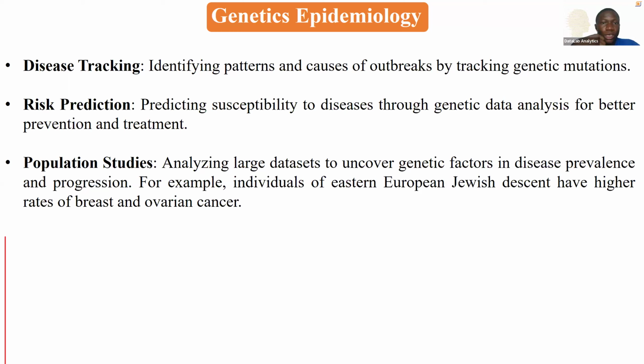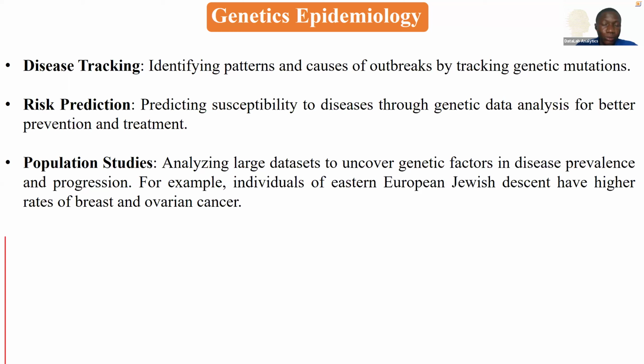You want to predict the chance of susceptibility to disease through genetic data analysis for better prevention and treatment. With the help of genomes, you'll be able to see if this person is predisposed to cancer or some other genetic disease by looking at the genetic makeup data, and that's genetic epidemiology.